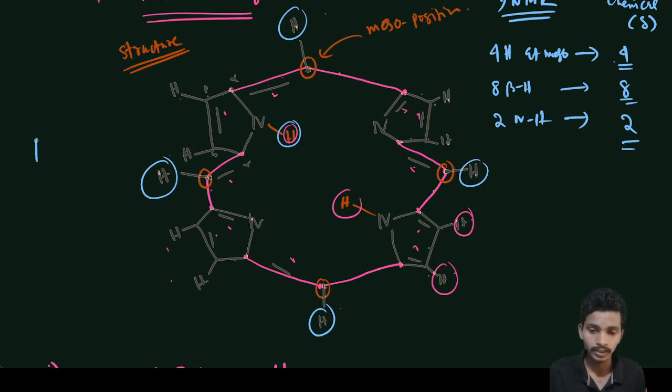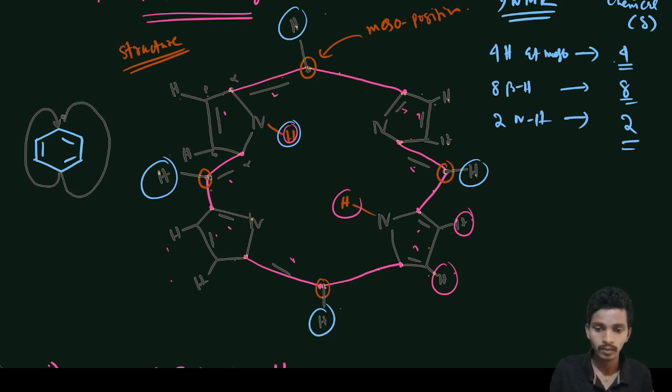Let's say this is the ring structure, so the magnetic field will flow here. Whichever atoms lie inside, in the direction of the magnetic field, such as a hydrogen here, will be highly shielded.